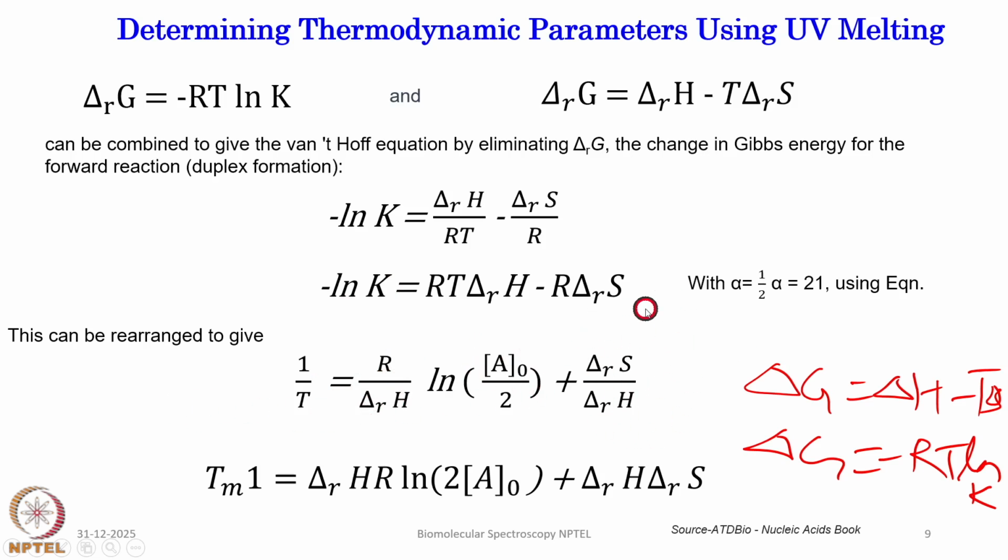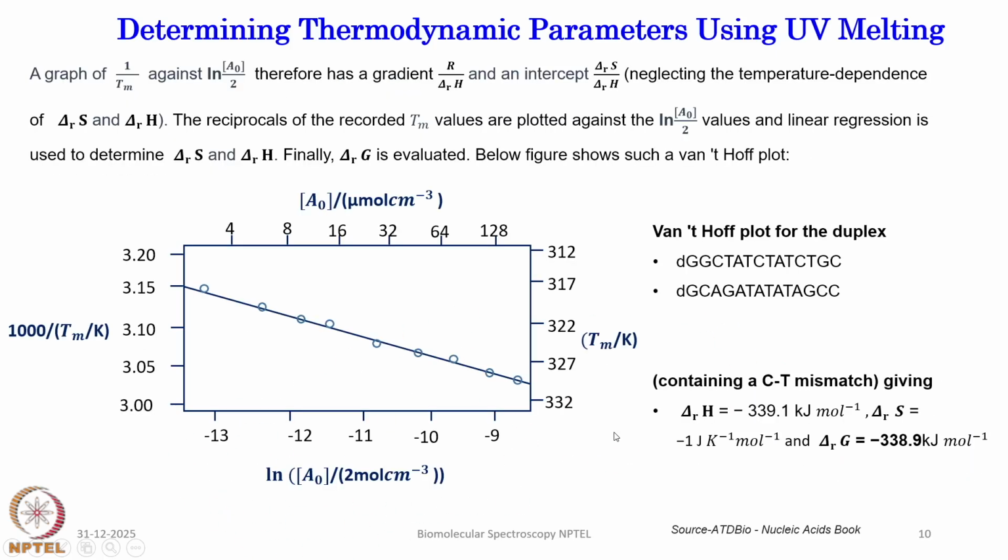Now, if you look at this, just rearrange this one and you can see this is a linear equation, and you can fit this linear equation with the concentration and Tm.